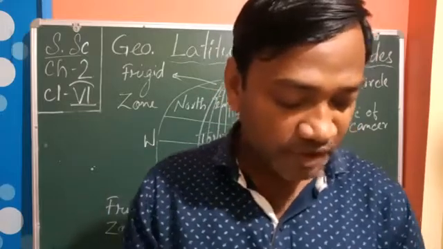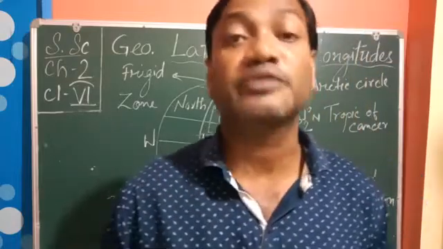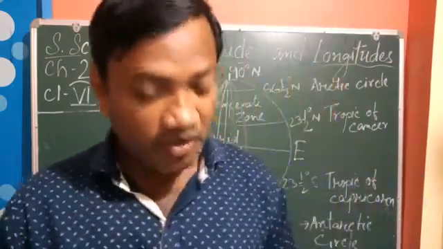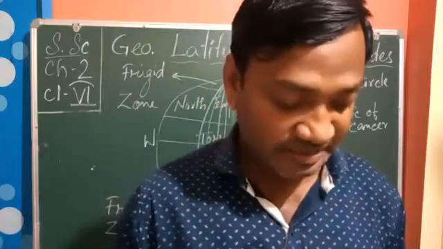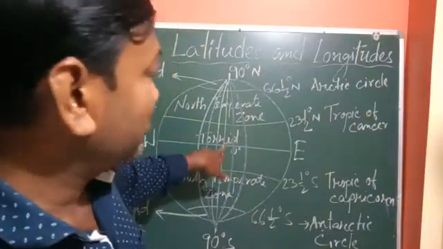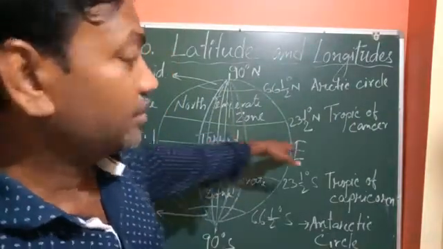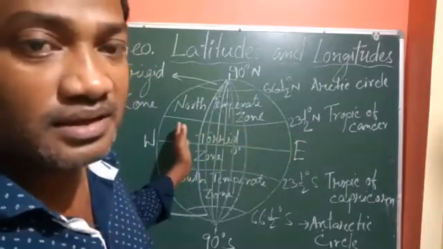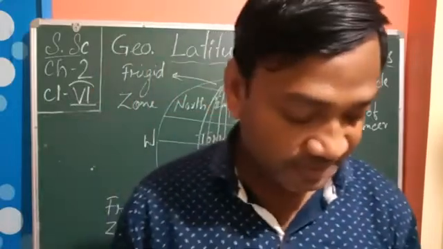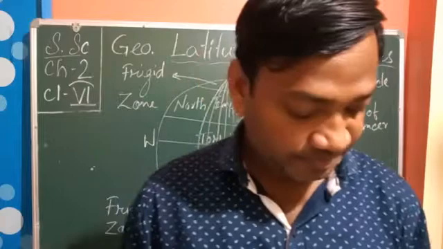The longitude of a place is the distance of that place east or west of the prime meridian. So how will we understand the longitude of a place? It is the distance from the prime meridian. Suppose the prime meridian is 0 degree, and from here how far east or how far west it is, that we know with the help of these meridians.